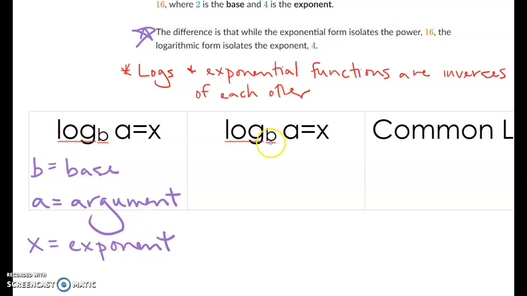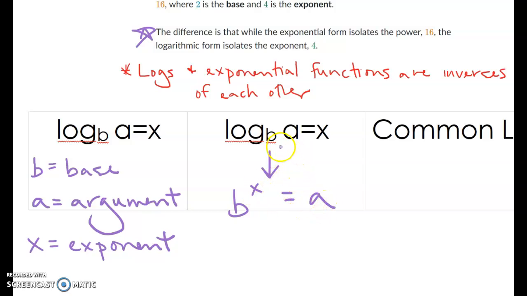And keeping those things in mind, when we convert from logs to exponential form, we end up getting b to the x is equal to a. Our base, excuse me, to our exponent is equal to our argument.